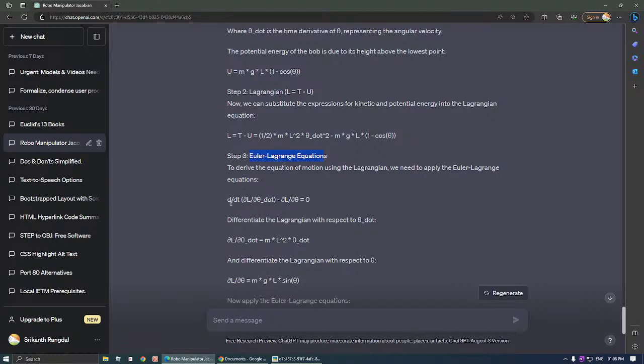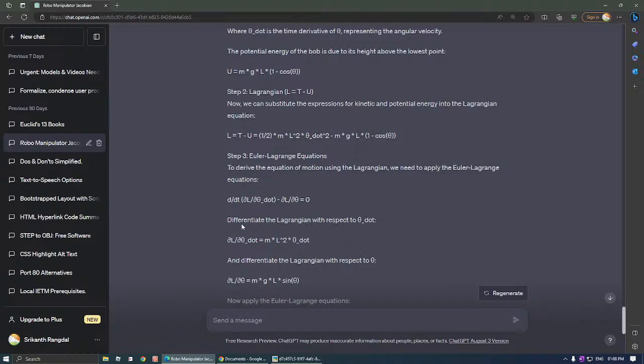Okay, so this is where it was not able to explain completely. Let's see what we need to do from here. So we need to partially differentiate the Lagrangian.